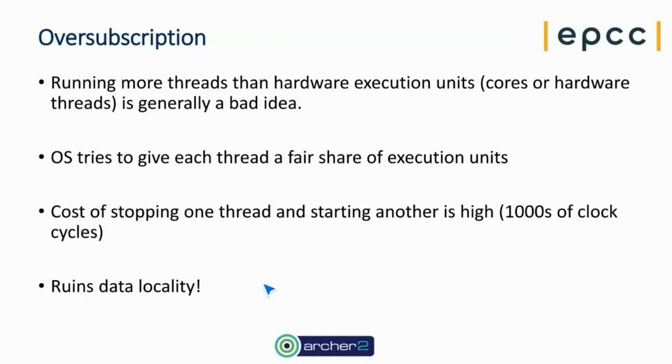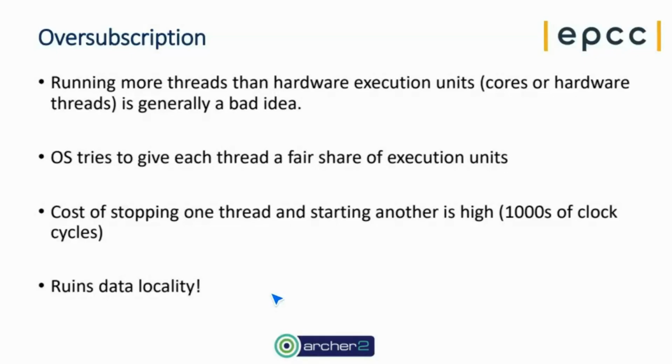Sometimes you can see it appearing to help, particularly in an environment like a laptop or a desktop system. If I've got 4 hardware cores, my code may speed up a little bit more by using, say, 8 or 16 threads. But that's really because you're influencing the operating system to give your application more resource compared with all the other processes that are running.